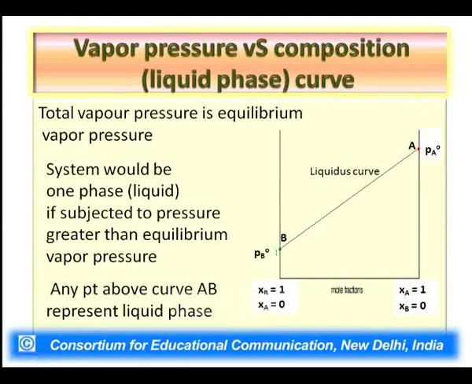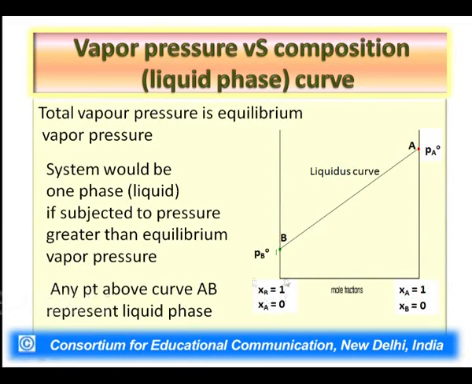So that is why this curve AB is called the liquidus curve. And you can see this curve is obtained when the total vapor pressure of solution is plotted with respect to composition in the liquid phase. And mind you, the composition in the liquid phase on the x-axis is represented as xA equal to 1 at the right extreme and xA equal to 0 at the left extreme position.